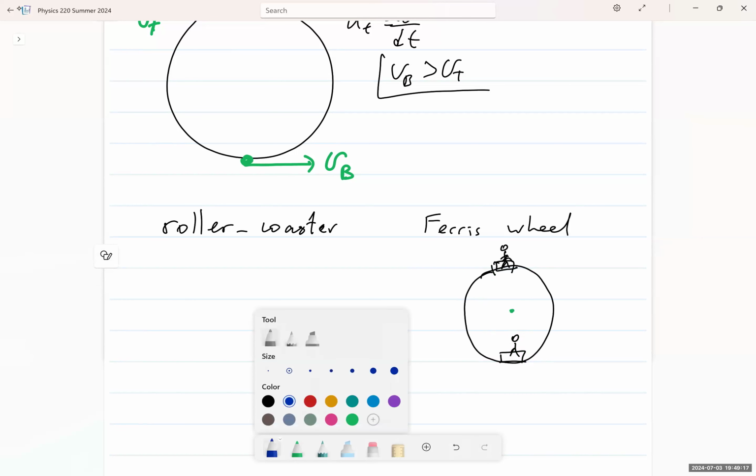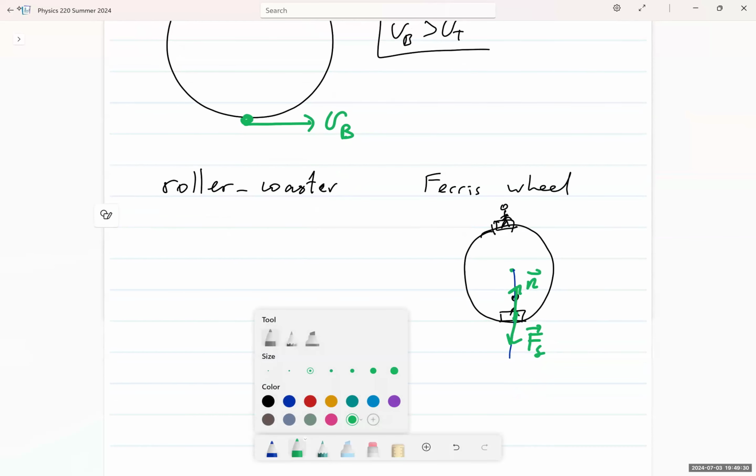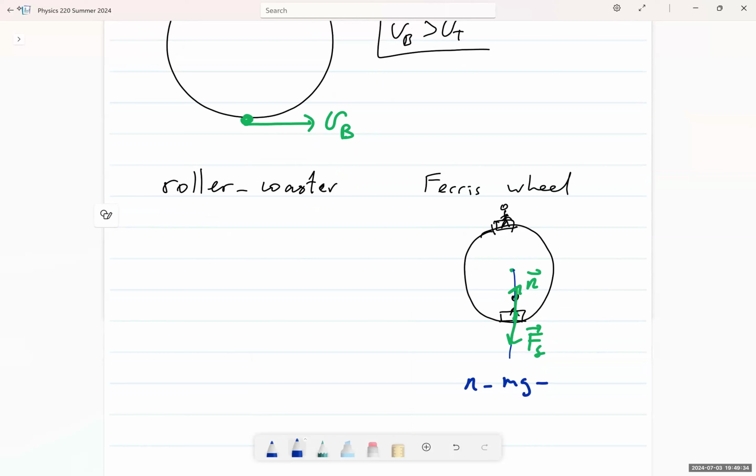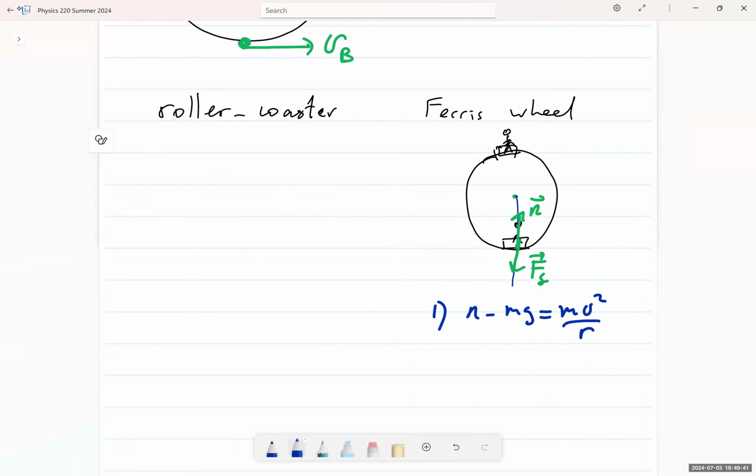So if I do a radial line like this, your two forces are normal force up and gravity down. In this case, you have an equation set where normal force is toward the center, so N minus mg equals mv squared over r, equation 1. And this is at the bottom.